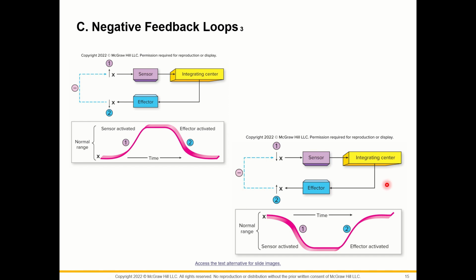In the next figure, figure 1.2, we see a fall in some factor, indicated by the arrow going down in X, of the internal environment detected by a sensor.